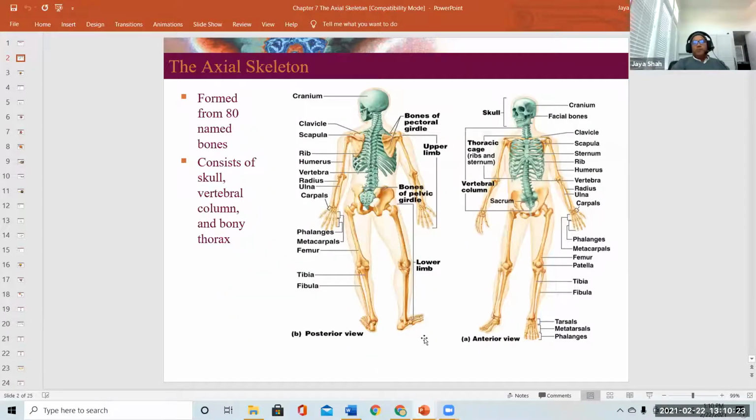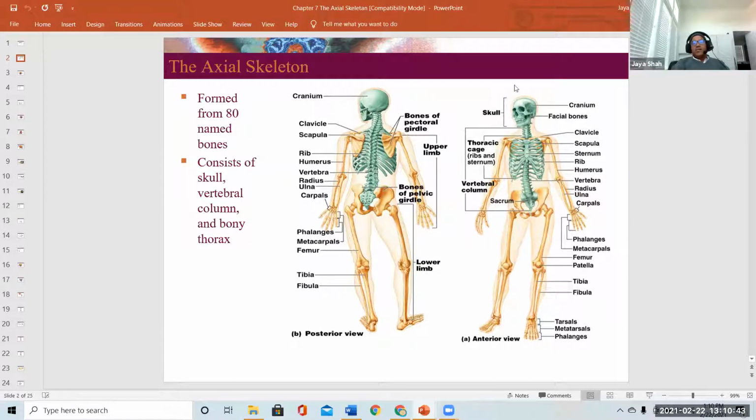So here you go. This is the frontal view, anterior view of the body. Here is the green color, axial skeleton: skull, thorax, and the vertebra. Okay.